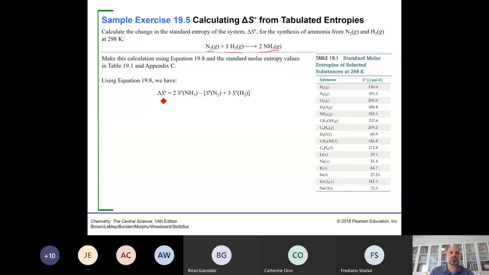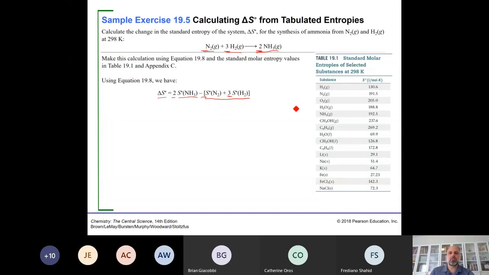Using equation 19.8, we see that our change in entropy is equal to twice, the 2 is coming from here, twice the entropy of our ammonia, which is the products, minus the entropy of our reactants, which is the 1 nitrogen and the 3 hydrogen. You can see the 1 and the 3.